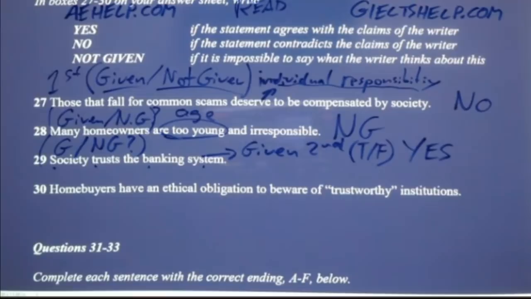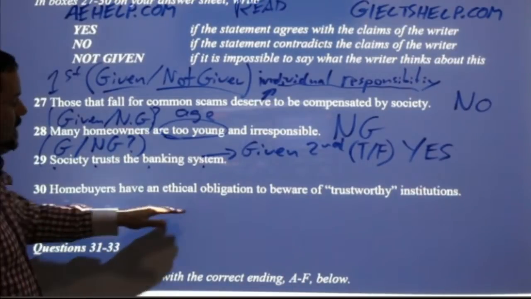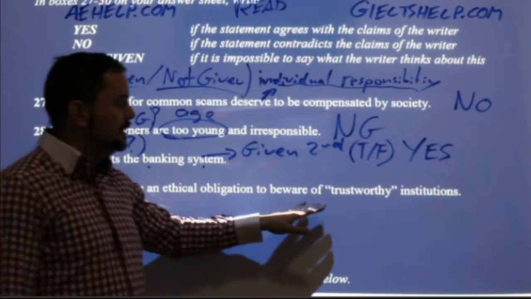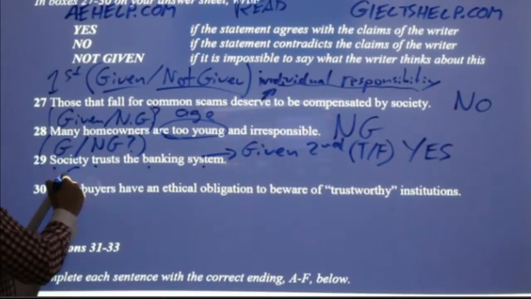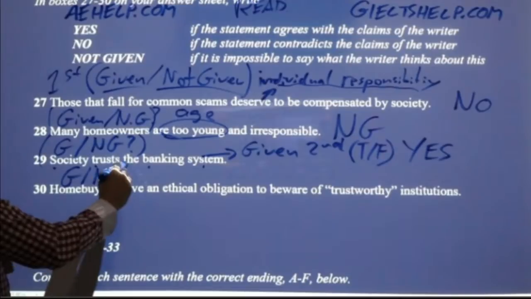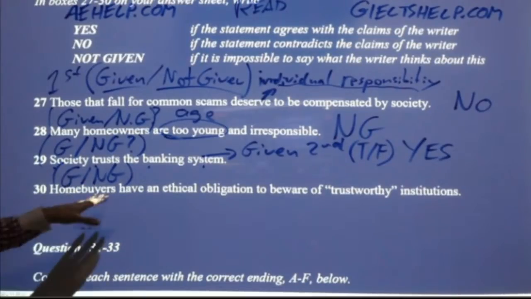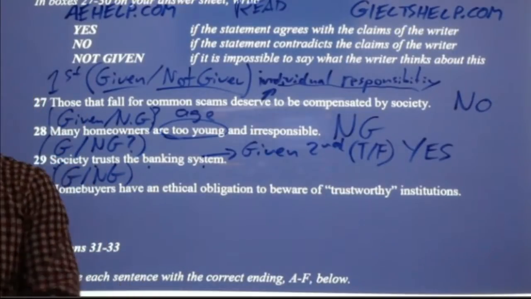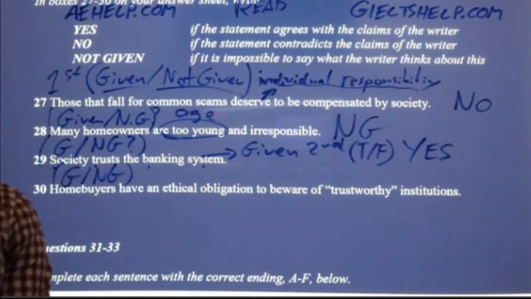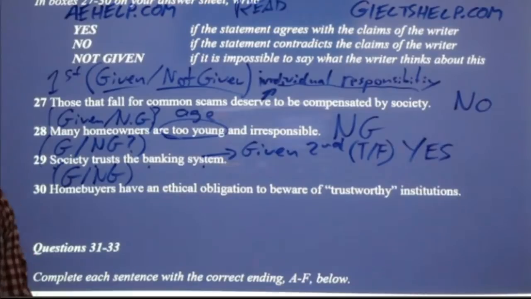Let's keep going. Home buyers have an ethical obligation to beware of trustworthy institutions. So again, is this given or is it not given? Is this dealing with individual, bank, or government responsibility? Is it dealing with that? Yeah, absolutely it is.